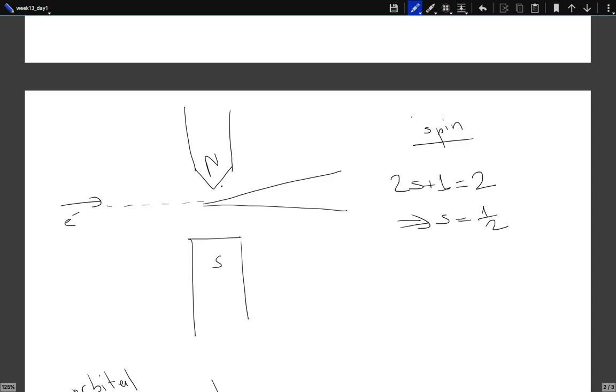So just like when you are describing a particle, you talk about its mass, for example. No matter what you do to the particle, its mass is fixed. It's an intrinsic property of the particle. Spin is just like that.